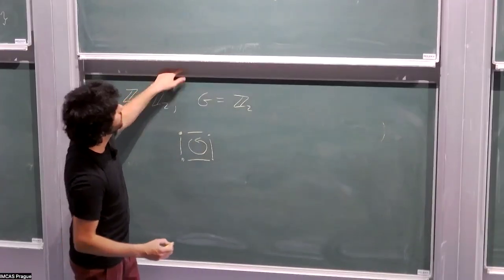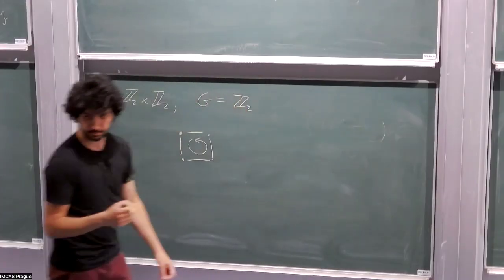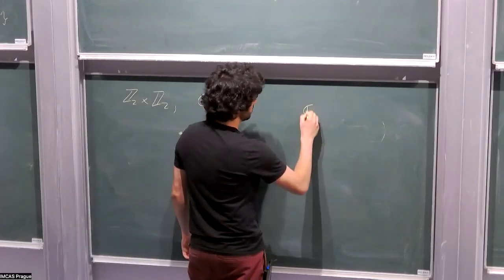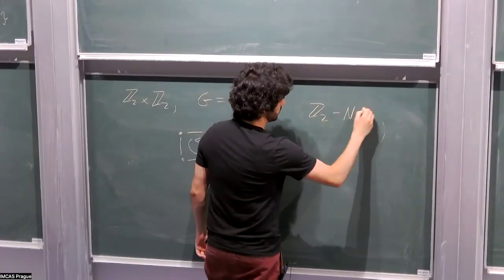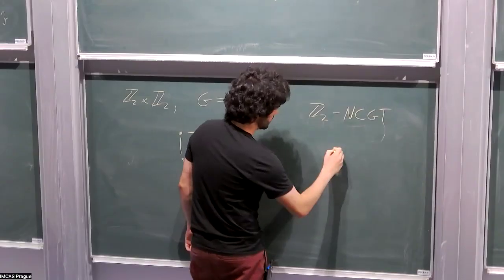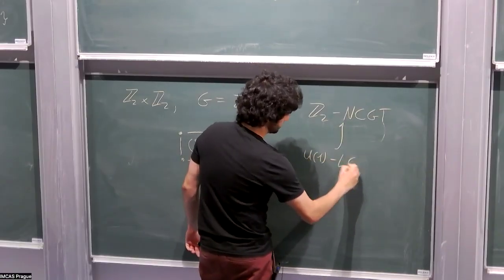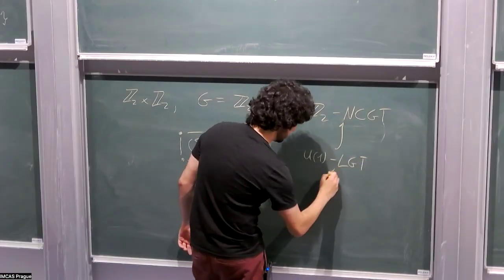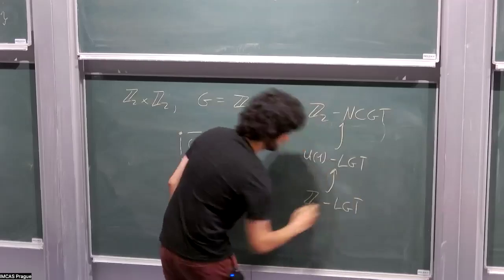And what we have here is our non-commutative theory. So we have Z2 non-commutative gauge theory. And inside this, we can find U1 lattice gauge theory, and we can find Z2 lattice gauge theory.